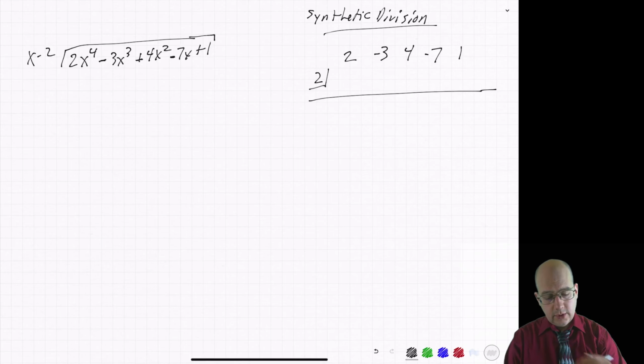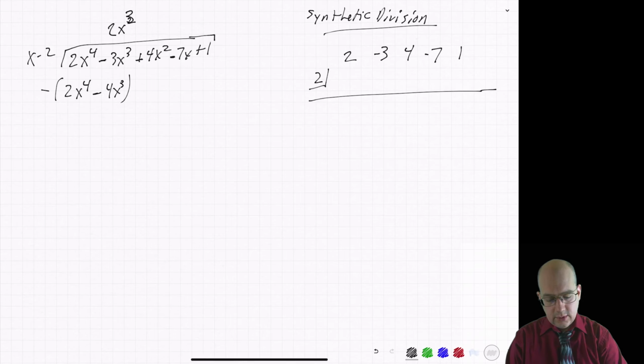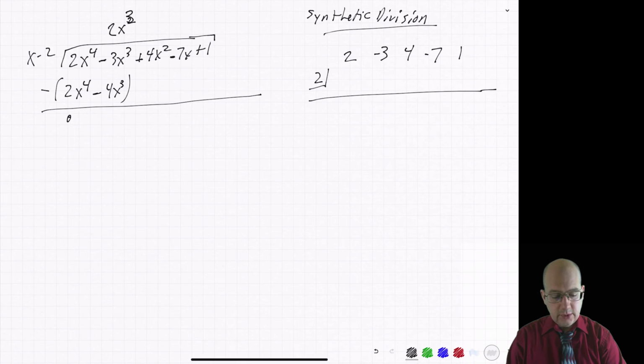Okay, so over on the long division side, what would we do? X minus 2, we need to get rid of this 2x to the 4th, right? And so we write down 2x cubed. We multiply that by the thing over here, and then we do minus 4x to the 4th, and we're subtracting all that, and so we get 0, and then we get plus 4x cubed, and minus 3x cubed, right?